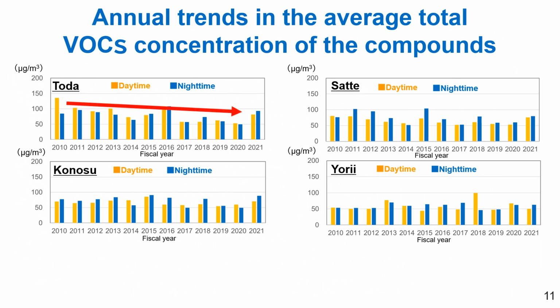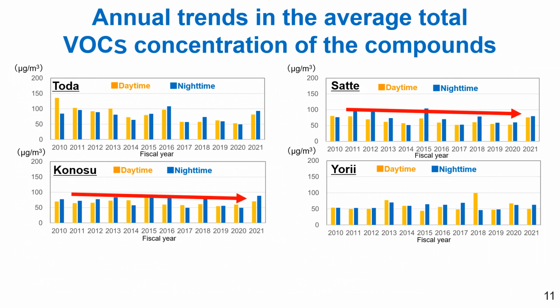and a similar trend was observed in the slightly more inland cities of Konosu and Sate. This trend is consistent with the estimated trends in VOC emissions, suggesting that the effects of emission reductions are being reflected.